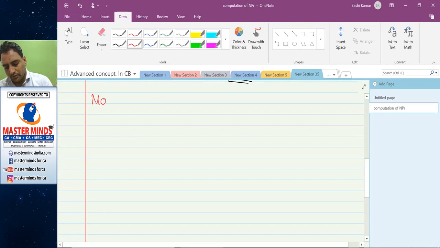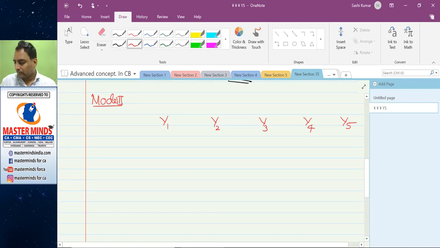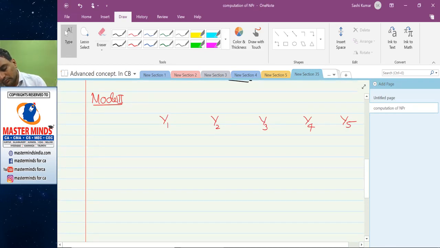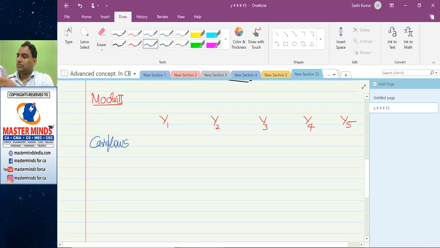So model 2, year 1, year 2, 3, 4, 5 cash flows.